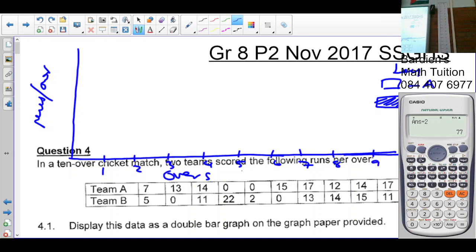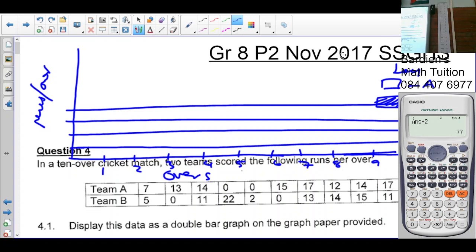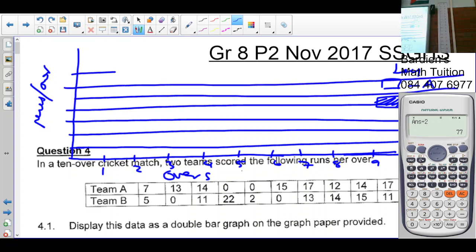In team A, the first over has 7 runs. So the maximum runs is 15 here, or 17. So if I go 2, 4, 6, 8, 10, 12, that's not going to work. 14, 16, 18.